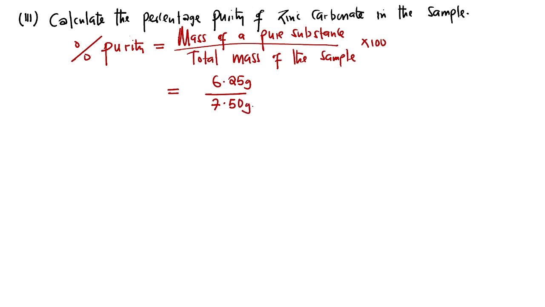Then you multiply this by 100. So when you punch on a calculator 6.25 over 7.50 multiplied by 100, the percentage purity there is going to be equal to 83.3%. Okay, that's the percentage purity of zinc carbonate.